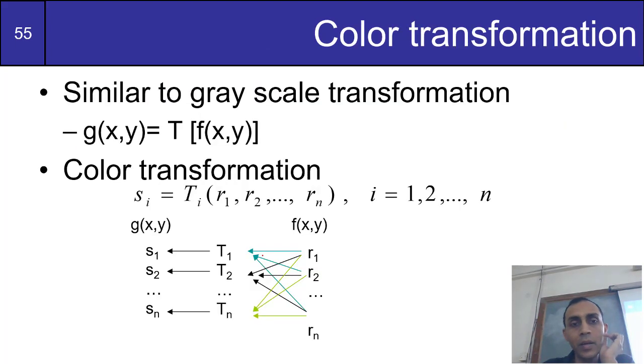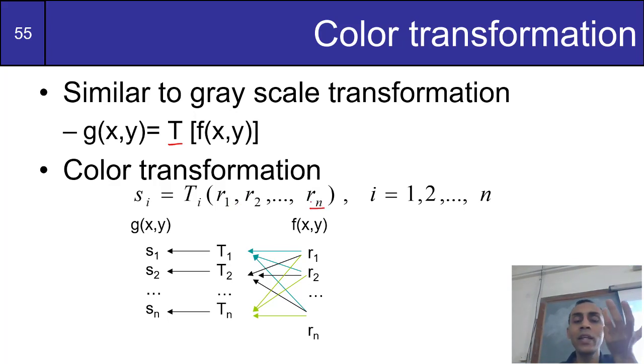So let us see some examples. Let us say we want to do some color transformation. When we were doing an intensity transformation, we used a transformation function. We took the intensity value and applied a transformation function to get the new intensity value. In the case of color, now we have not a scalar but multiple components for each color. Those components are represented as R1, R2, Rn.